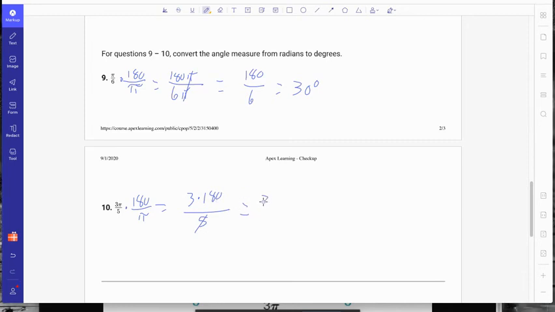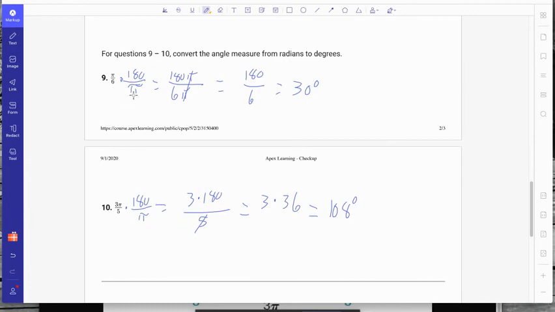So we're going to have 3 times, well, 5 goes into 18 3 times. This is with a 30, so we have a 36. And then 90, 102. Is that right? No, sorry, 108. My apologies. So 3 pi over 5 is 108 degrees.